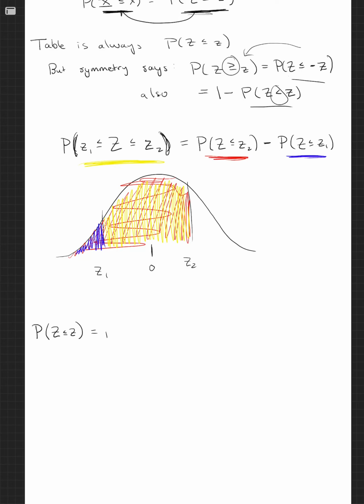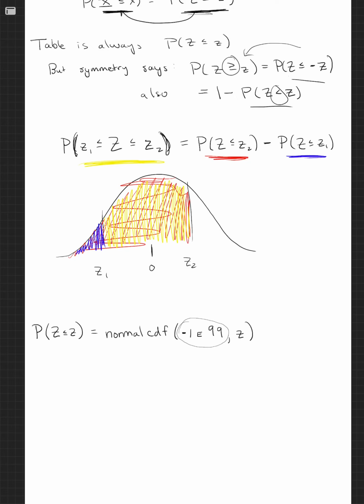If we're using our calculator, the probability that z is less than or equal to little z is going to be normal CDF. And we have something a little bit weird here, and I'll show us how to plug it in a second.